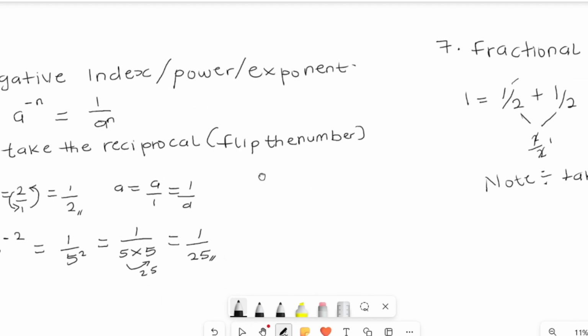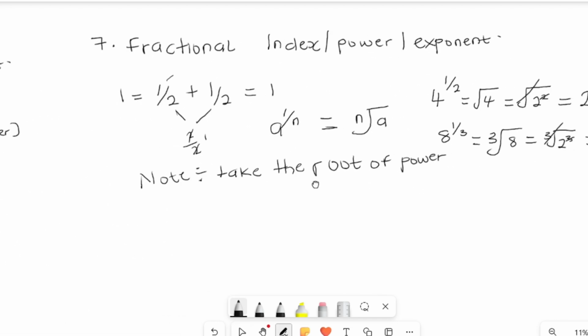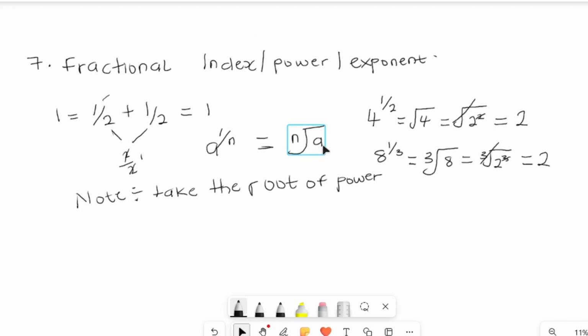Then finally, we made mention of the fractional index or power or exponent, which means that you take the root of the power. So whenever I see a fraction, it's simply telling you to take the root. So in our next video, I'll be solving examples using these laws of indices.